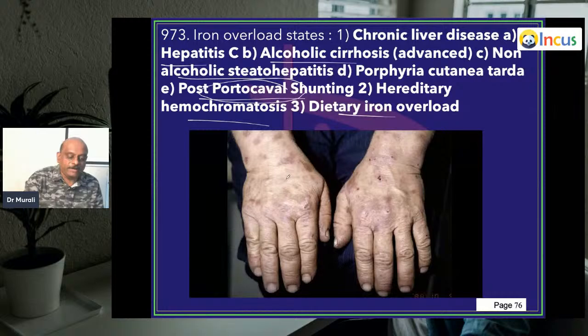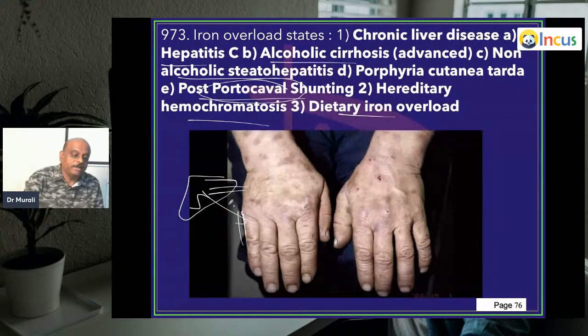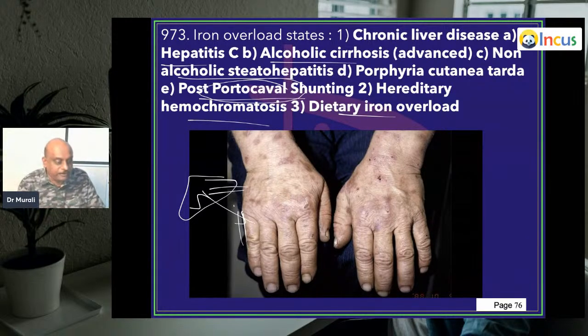Those who have portal hypertension, you will be doing portocaval shunting. IVC and portal vein are being shunted. So these are all the causes of iron overload. One list is ready for you, doctor. Be very sure about it.